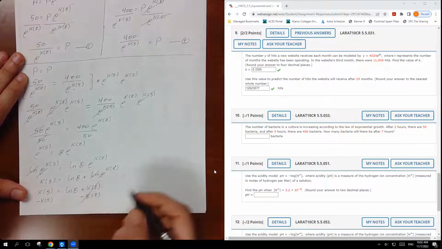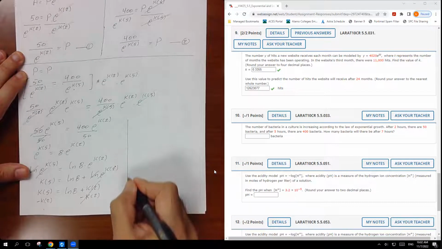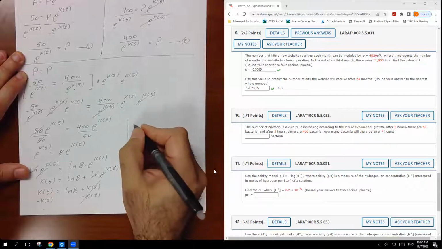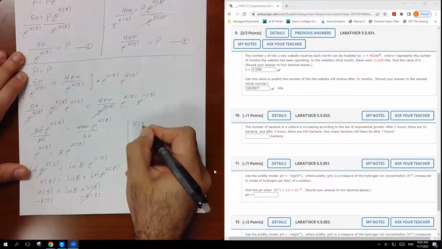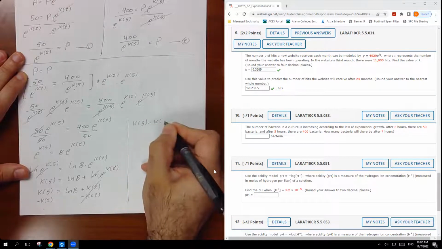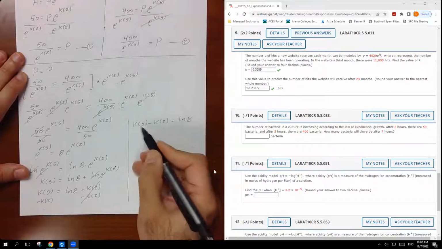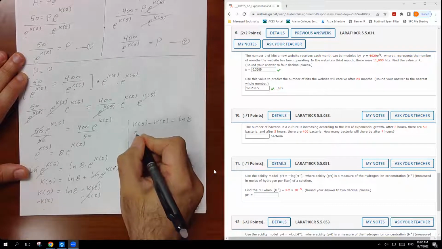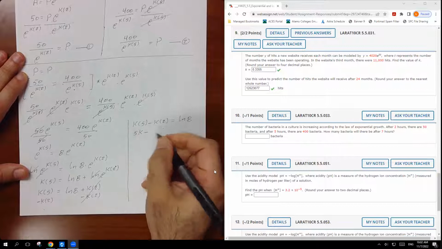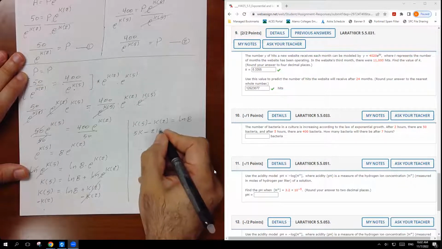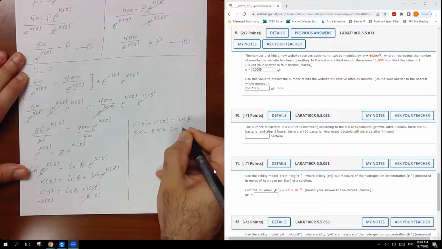Now minus k times 2 from both sides. Cancel these. So we're going to get k times 5 minus k times 2 equals ln 8. k times 5 is the same thing as 5k, because of multiplication, minus 2k equals ln 8.